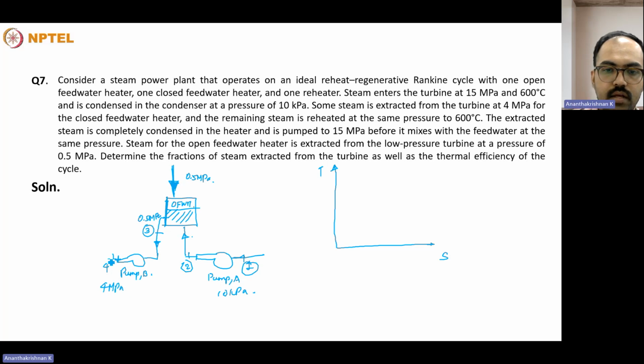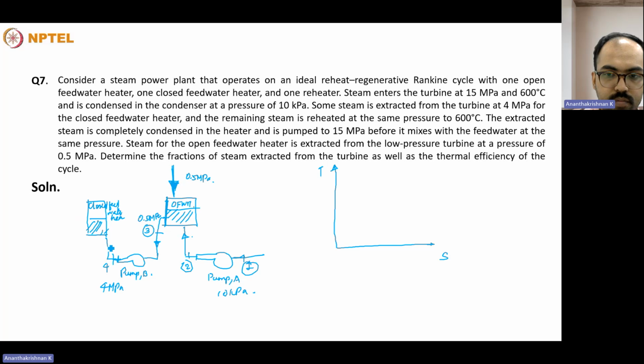And from there, it will be mixed with the high pressure steam extracted into a closed feed water heater. Since this is a closed feed water heater, there will be only heat exchange in this process.